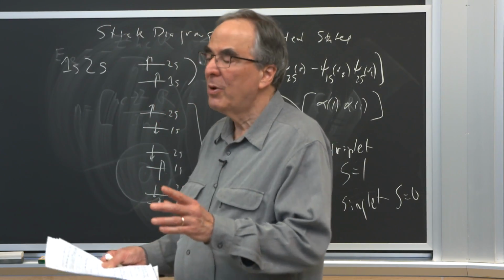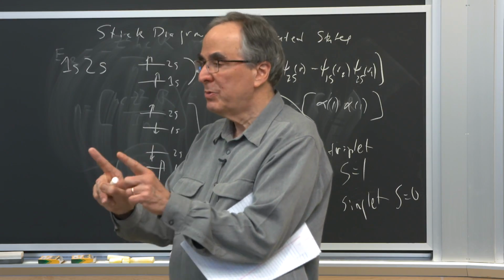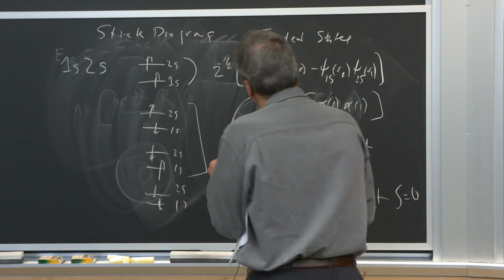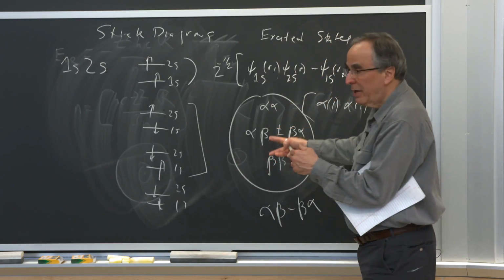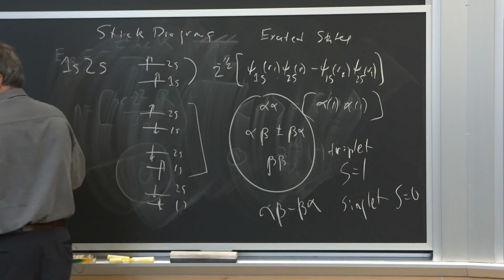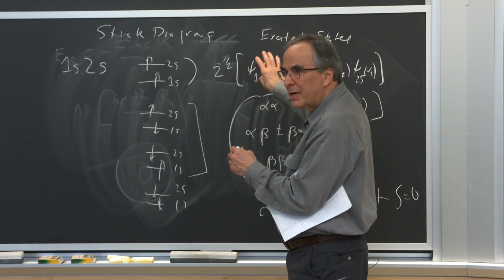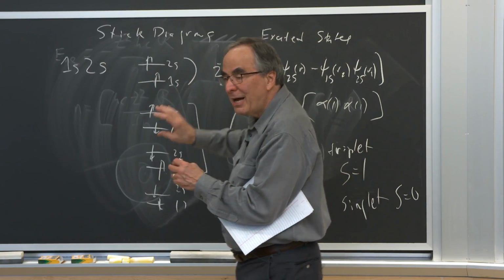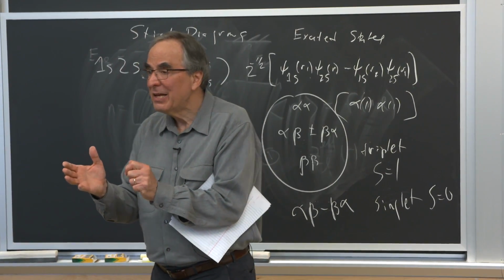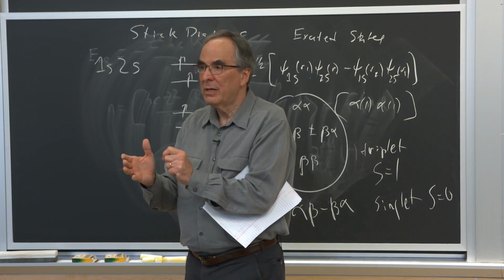No. Both spins up, the vector sum of 1/2 and 1/2 is 1, and so the total spin is going to be 1. The topmost state with both spins up has S equals 1.